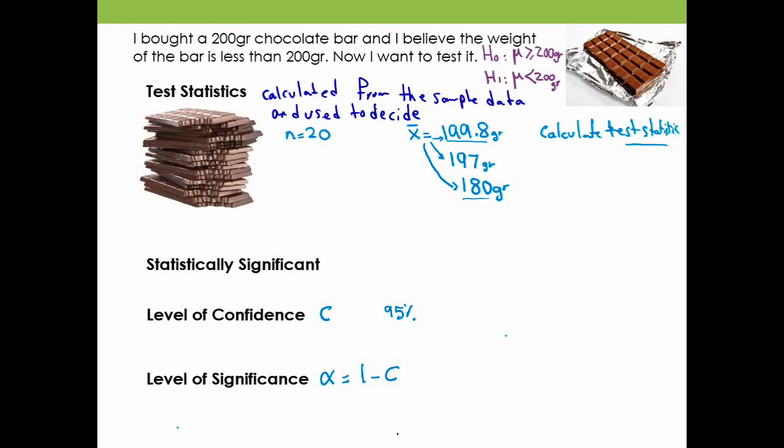And as I mentioned before, this alpha is the probability of type 1 error. And if it is not mentioned in the test, by default we work with a 5% level of significance.